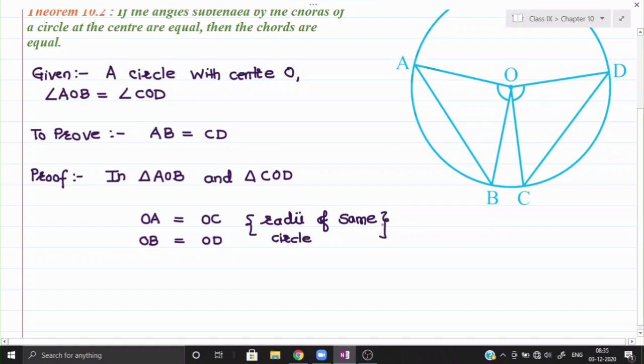But now as you know that to prove triangles congruent, we require one more corresponding part equal. So that can be side, but side is not possible because AB and CD we are going to prove equal. So that is not given equal here. But you see, we have given that angle AOB is equal to angle COD, that is given equal to us.